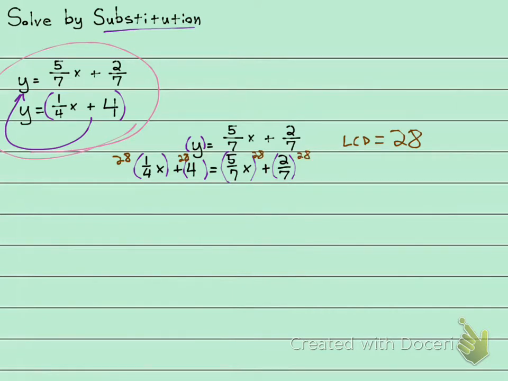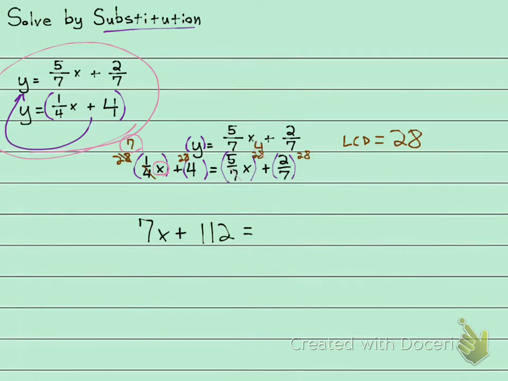So let's go ahead and see it worked out this way. 4 into 28 is 7 times. So I'm going to be left with 7 times x, that's 7x, plus 4 times 28. Let me get my calculator. I should know that one, huh? 4 times 28 is 112, equals, and then over here, the 7 and the 28 will reduce to be a 4.